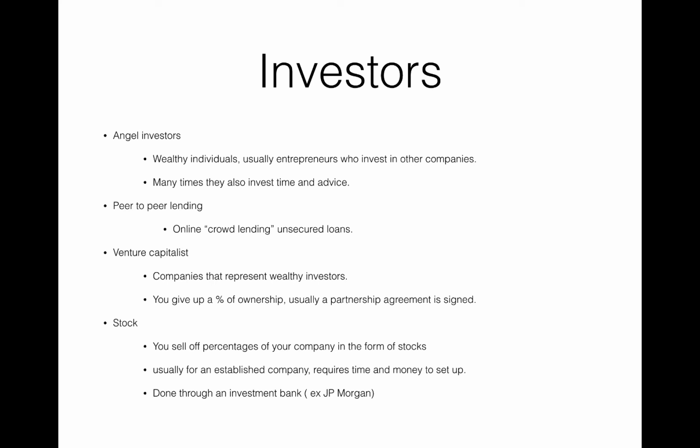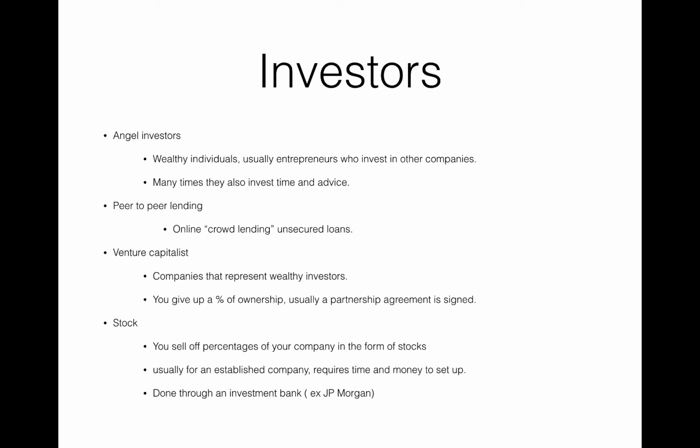There is also peer-to-peer lending. So these are unsecured loans. So it's still a loan, but these are your online Lending Tree type situations. So what happens is somebody who has some money wants to invest it, and so they'll go to LendingTree and they'll sign up as somebody who wants to be a lender, and they put in certain parameters.